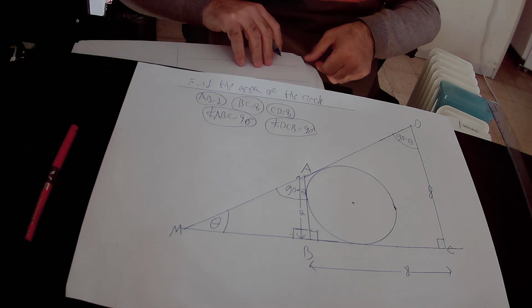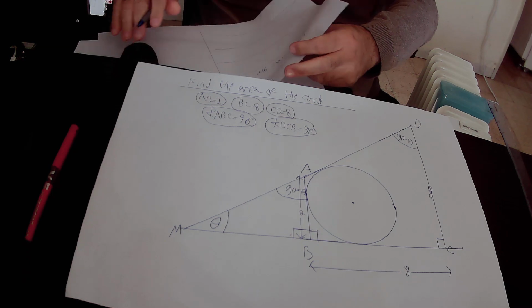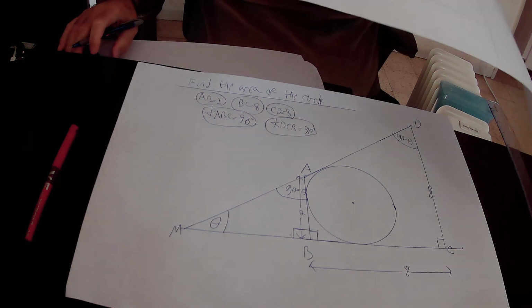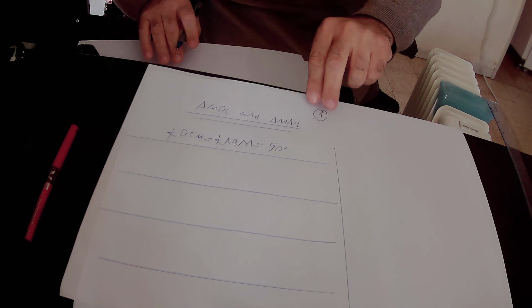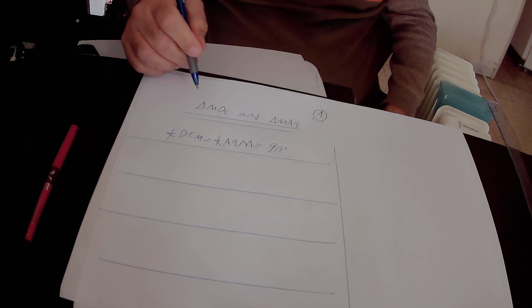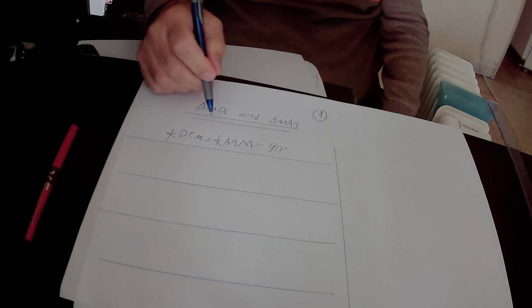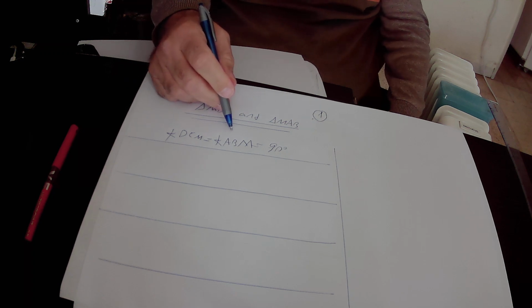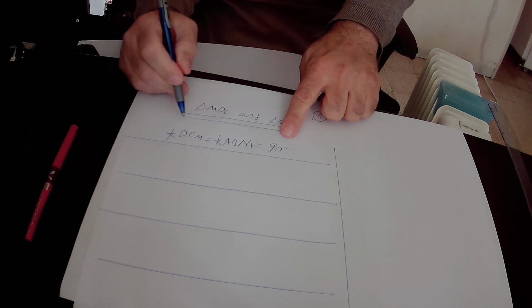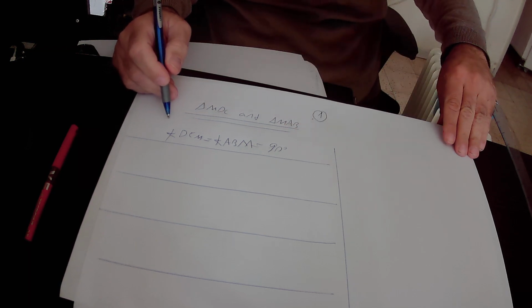So I repeat again. Angle DCM in the big triangle equals angle ABM in the small triangle. They are both equal to 90 degrees, therefore they are equal to each other.